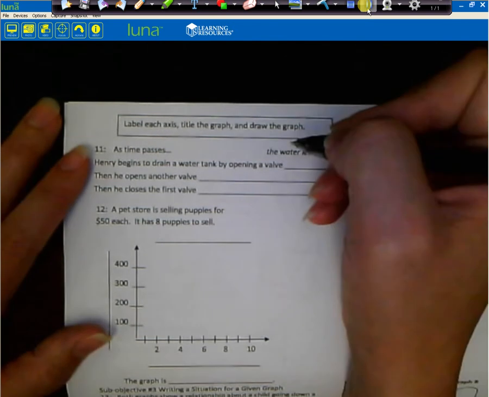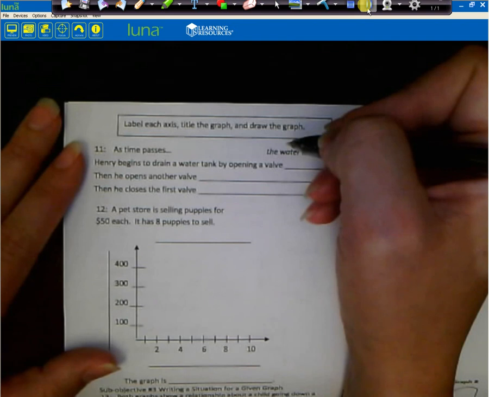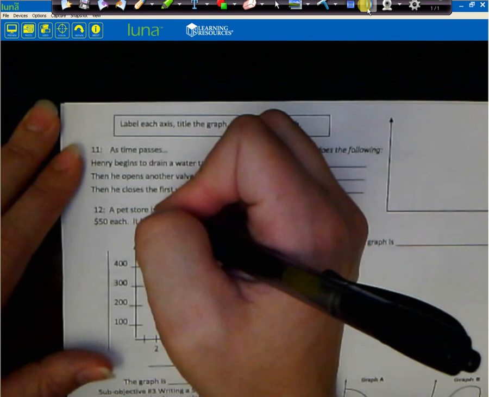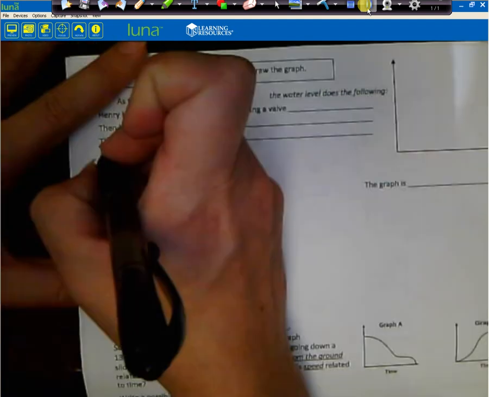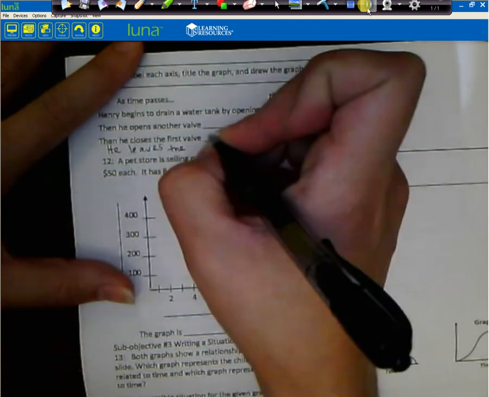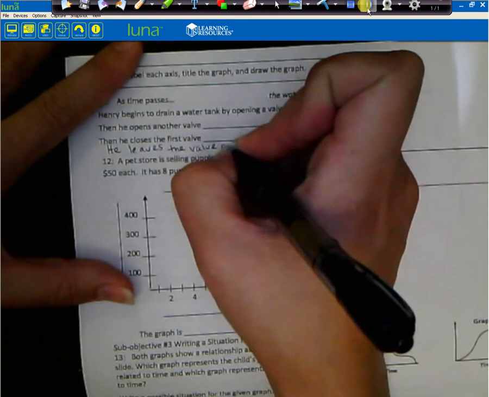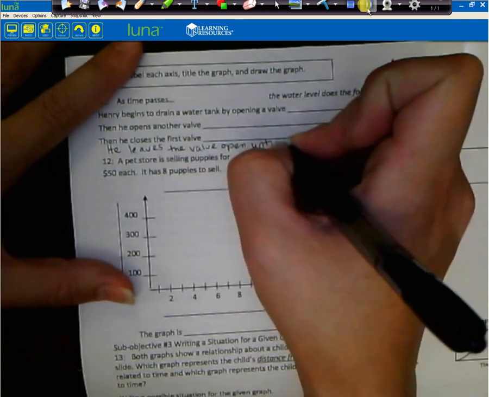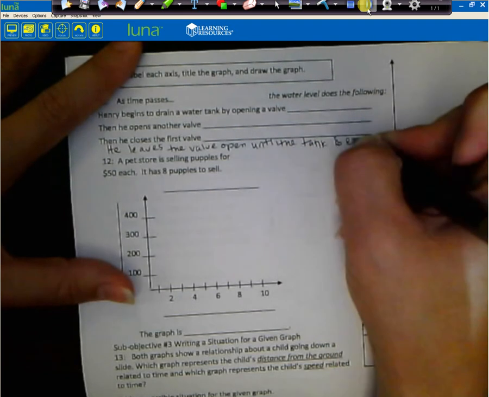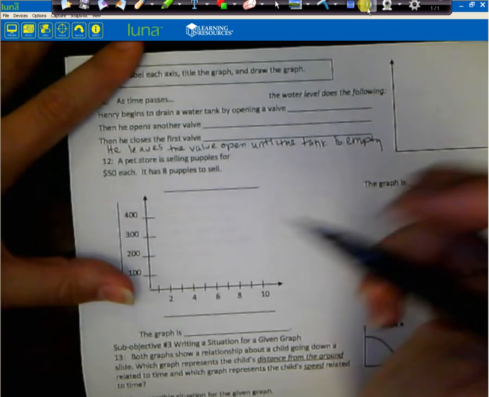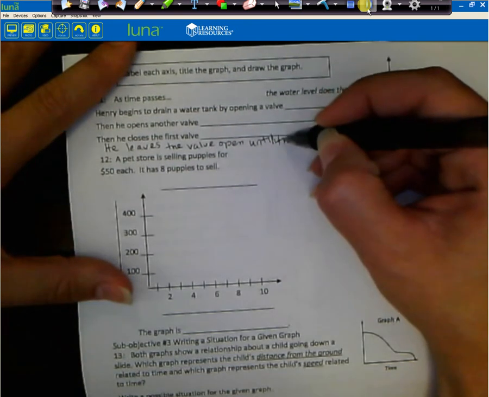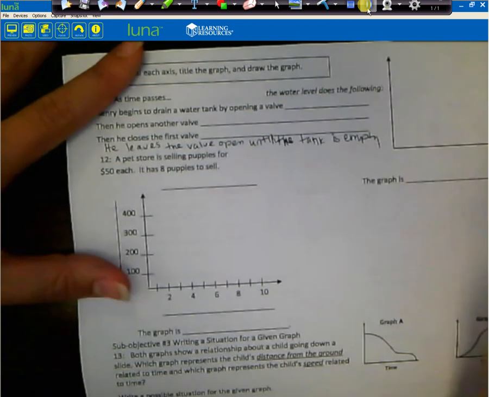In these blanks, we should also have a line here that says, he leaves the valve open until the tank is empty. So go ahead and write that down. He leaves the valve open until the tank is empty. Sorry for my sloppy handwriting there.